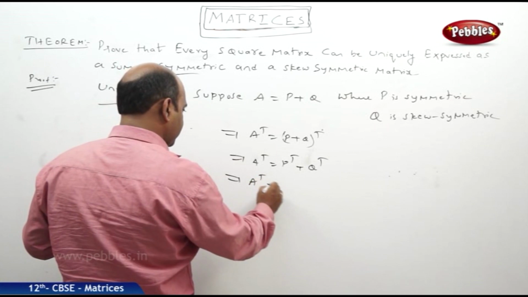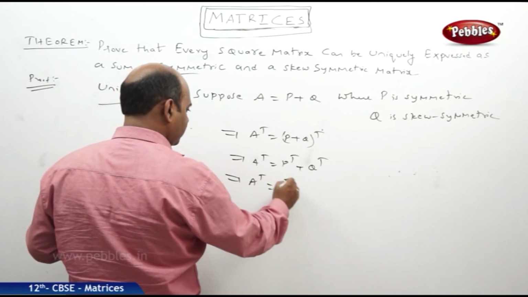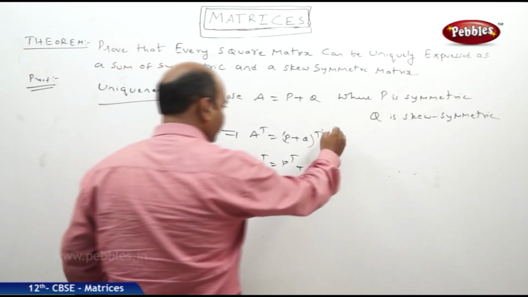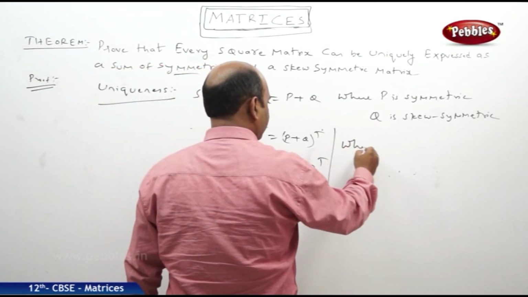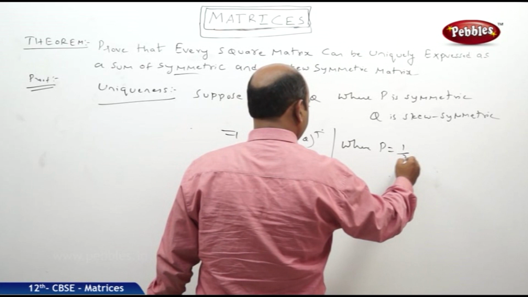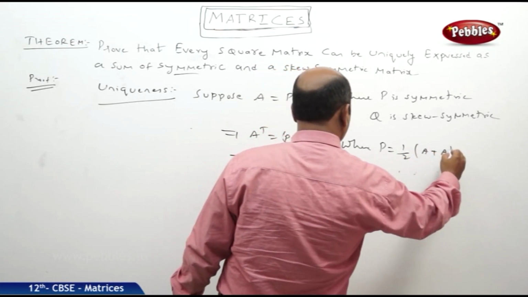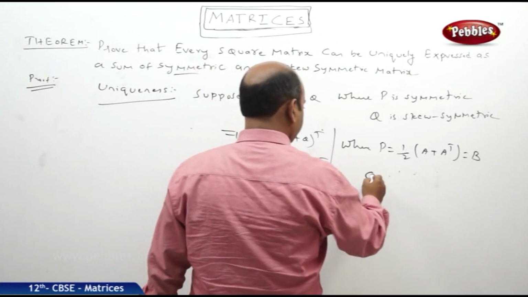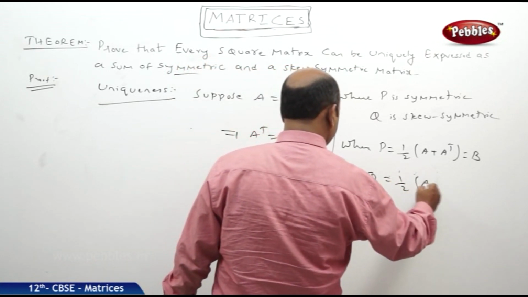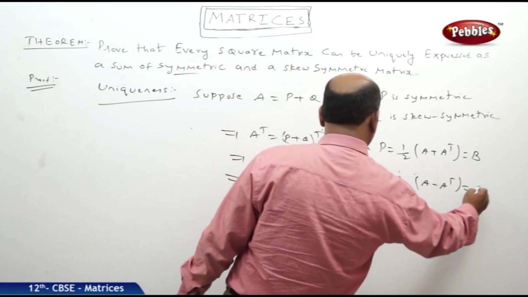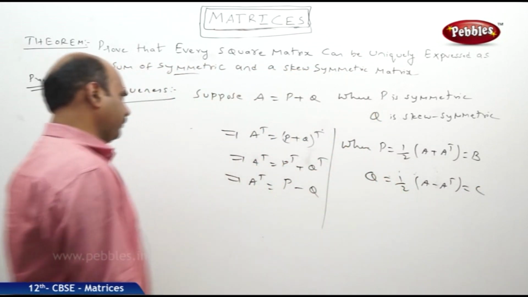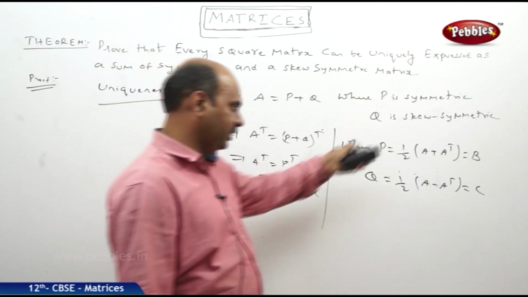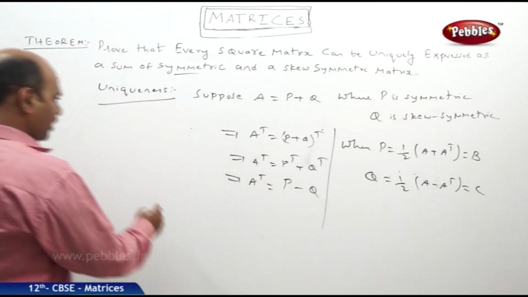So A transpose is equal to P, since P is symmetric, and Q becomes minus Q, where P is nothing but 1 by 2 into A plus A transpose, that is nothing but B only, and here Q is nothing but 1 by 2 into A minus A transpose, that is equal to C. Therefore A is equal to P plus Q, and here it is becoming B plus C.